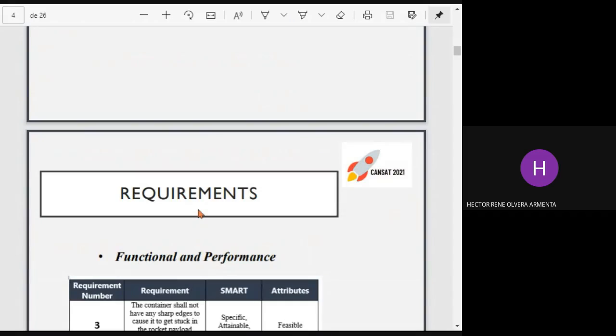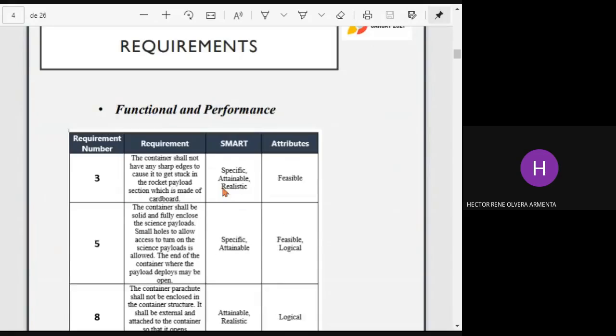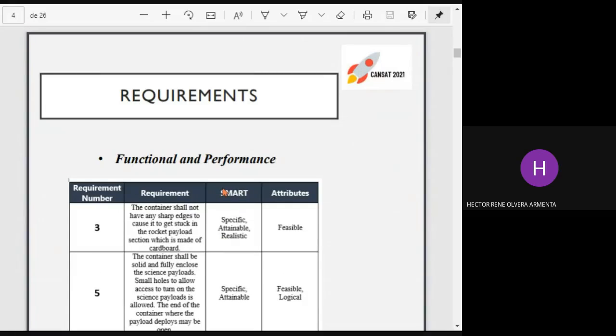Now, let's focus on the requirements of this competition. At the beginning, we read all of these requirements of the CANSAT competition. And what we did was to separate them in different areas.